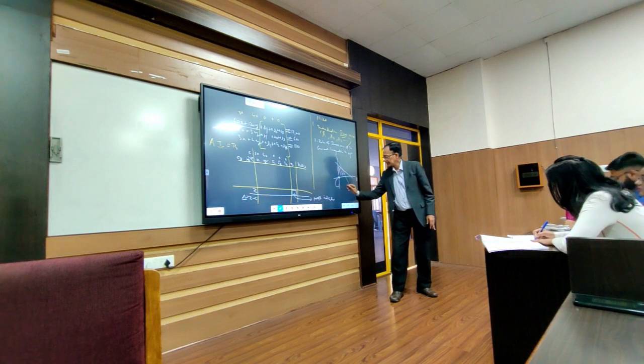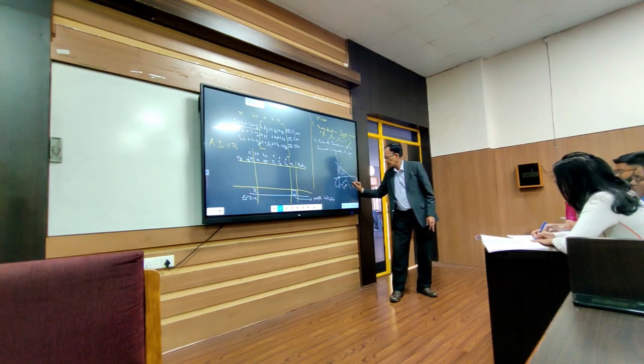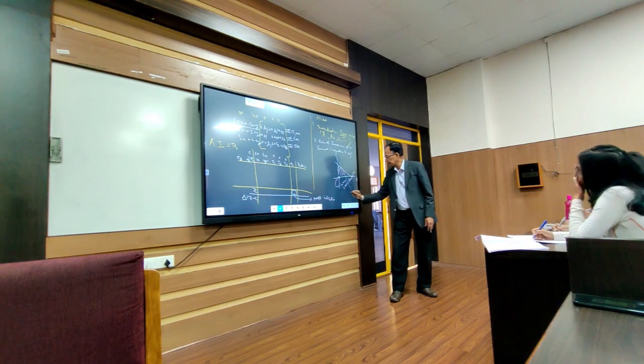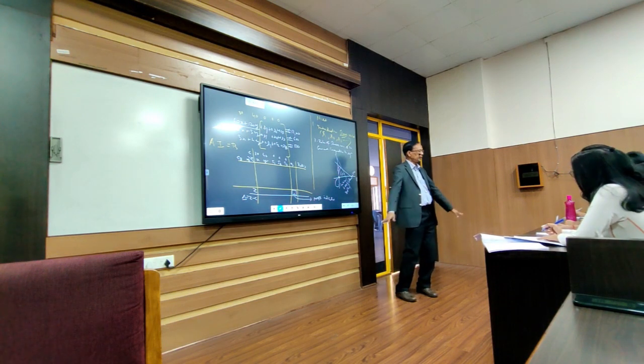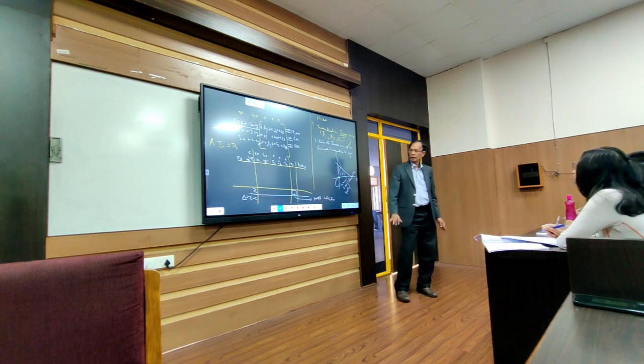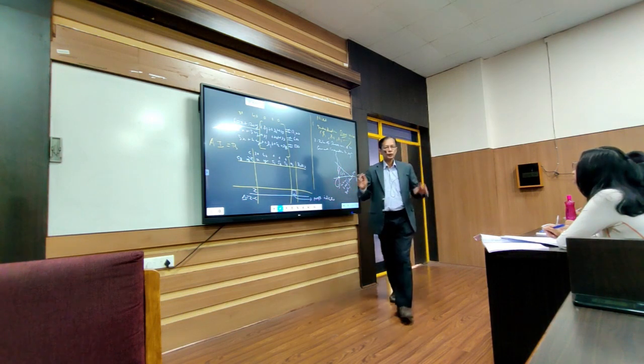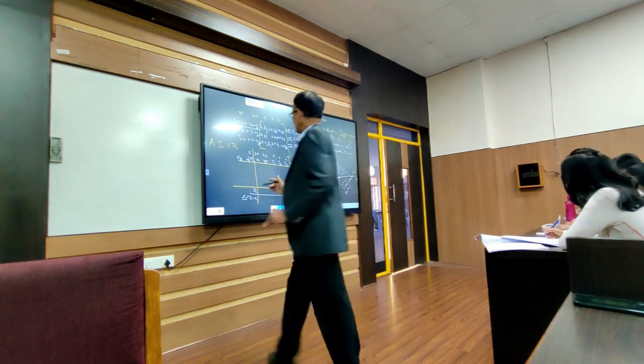This is called the initial basic feasible solution. Please note it down. This might come as one more question. Initially, when manufacturing has not happened, construction has not happened, that is called initial. So all resources are intact.